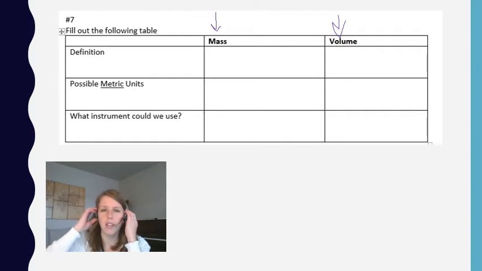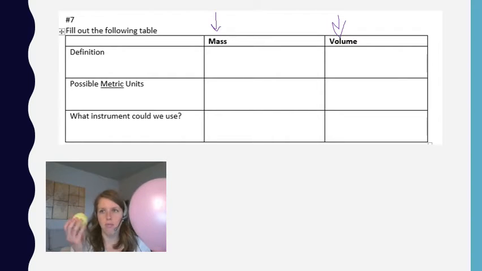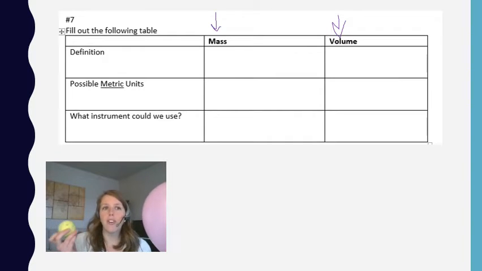So I often like to show you a balloon and maybe a tennis ball, because these very clearly help us define the difference between mass and volume, because they are different. Mass is how much matter something has, or we can also define it as its heaviness.